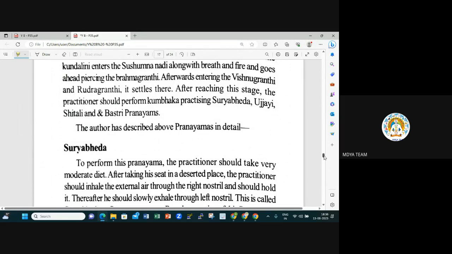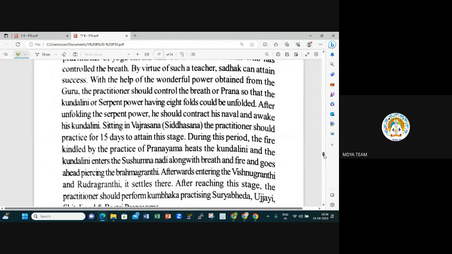Before going to pranayam, most important, he tries to describe one posture which is known as Vajrasana. All of you, I think, are able to see my highlight. Yes or no?